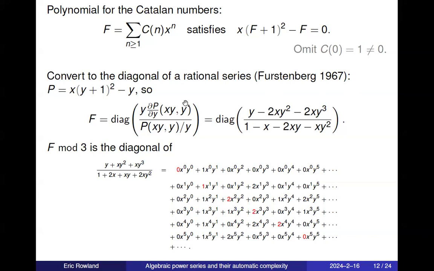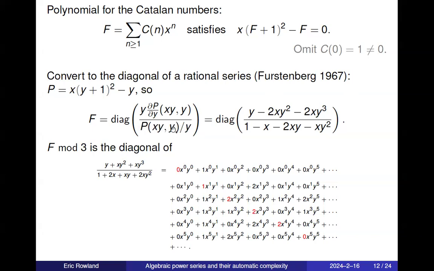This is the formula. If you have a polynomial P that your algebraic series satisfies, then you can turn it into the diagonal of a rational bivariate series using this formula. So you take the derivative of the polynomial with respect to y, and you plug in xy instead of x, and you plug in xy instead of x in the original polynomial.